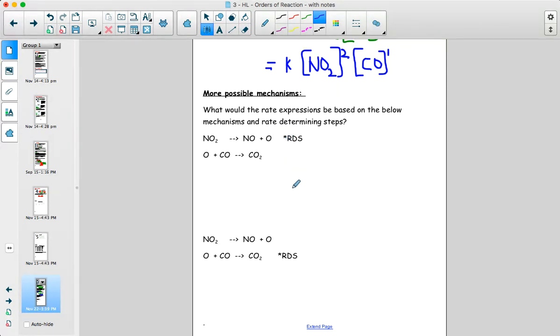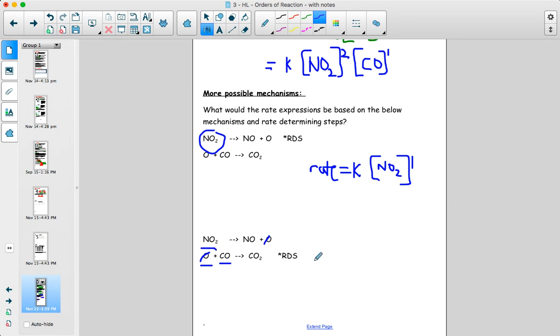If the first is the rate determining step, then this is the only thing that matters for the rate, and we'd get rate equals k and just NO2 to the first. If the second one is the rate determining step, I would initially write CO in brackets and O in brackets, but because O is an intermediate, I have to replace it with what formed it.